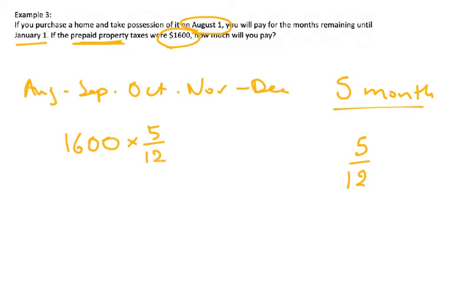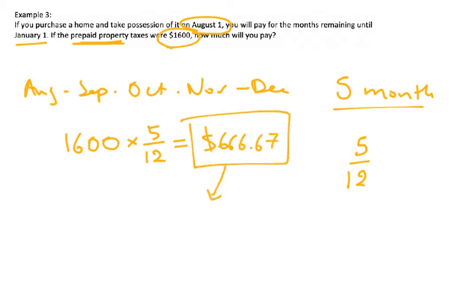So multiply that by 5 over 12, and you're getting 666.67. Okay, so this is what you need to pay back for the property tax. So let's say next year, you will be responsible for the whole amount, right? So you have to pay the whole thing. But for this year, because you only live there for 5 months, you're responsible for the 5 months.